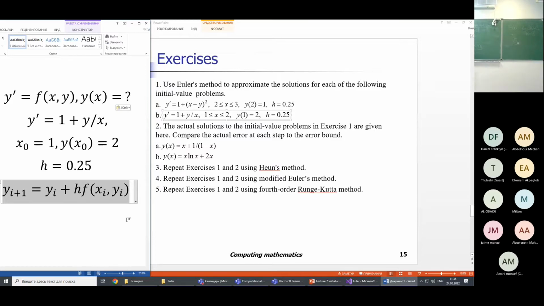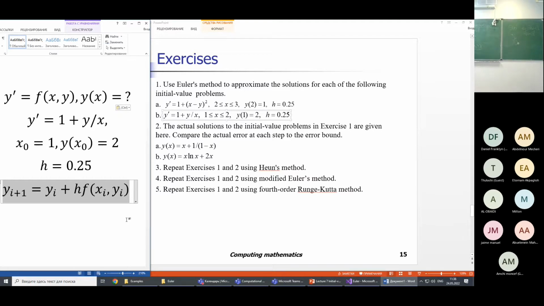It's the right-hand side of the equation. In our case, what's written in the right-hand side? 1 plus y over x. And you should substitute in the right-hand side x0, y0.